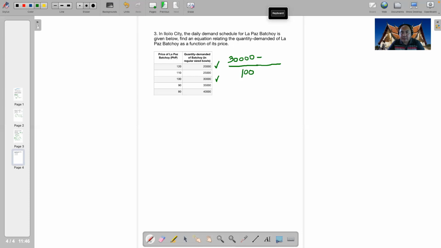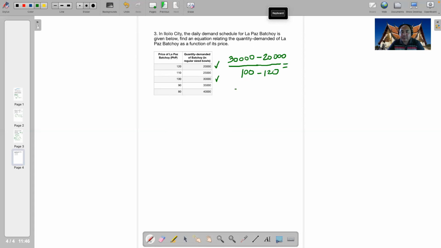When the price is increased to 120, the quantity demanded decreases to 20,000. Okay, so again, we just used 2 points from the table to get the slope.